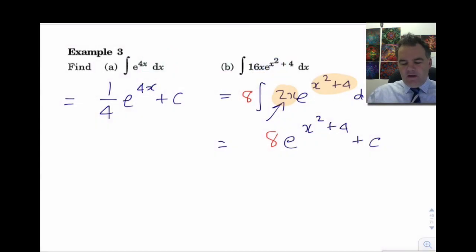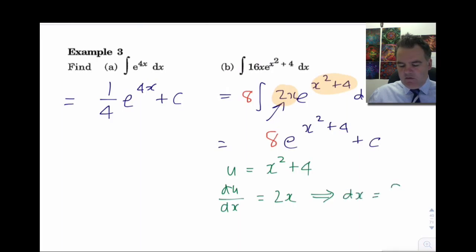The alternative here is to use substitution. If I say u is equal to x squared plus 4, and typically in these examples, if you make the power of e u, that's the way it works. So du dx in this case is 2x. So rearranging that means dx is going to be du over 2x.